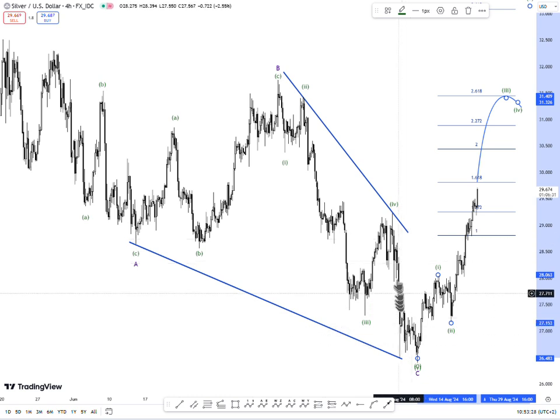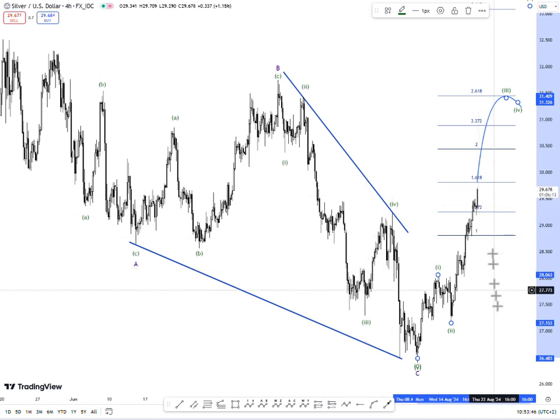It may not be greater than the extension of wave 3, but rarely do you see double extensions within an impulse wave. But when it comes to commodities, it is not surprising at all.